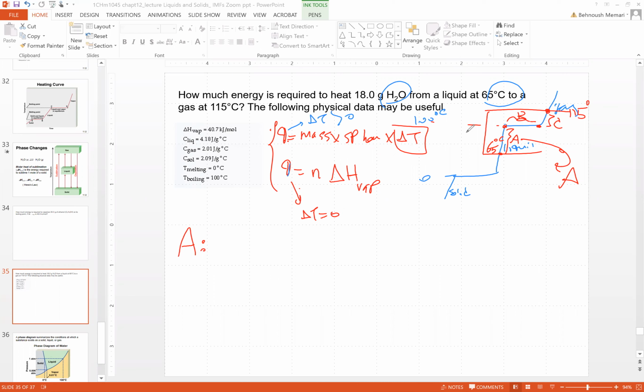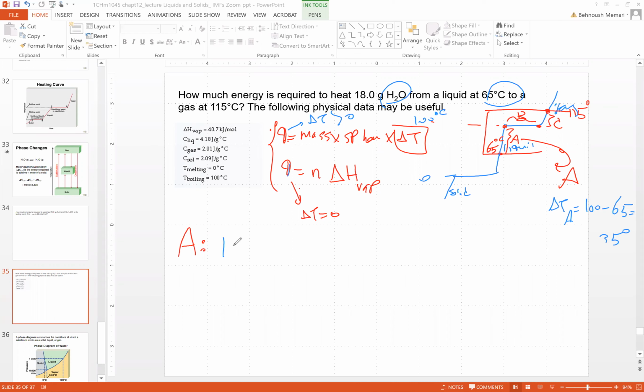So for A, delta T is greater than 0, and delta T is actually what? Delta T for A equals 100 minus 65, which is 35 degrees. Okay, so I'm going to use the first formula with delta T greater than 0.